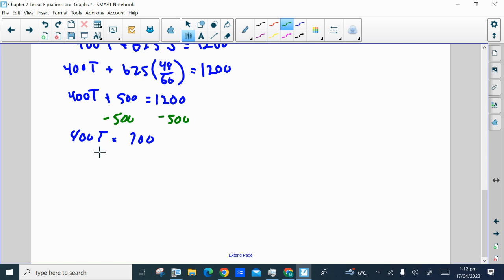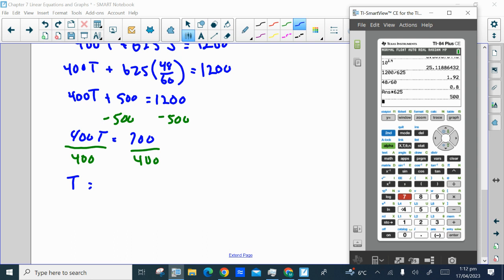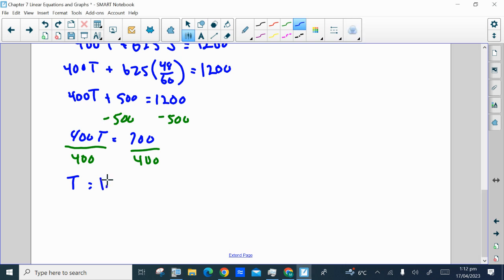And then we would divide both sides by 400 to get t by itself. And that'll give us 1.75, I think. 700 divided by 400. Yeah, 1.75. Which means 1.75 hours of tennis.